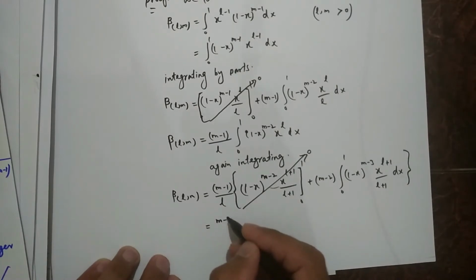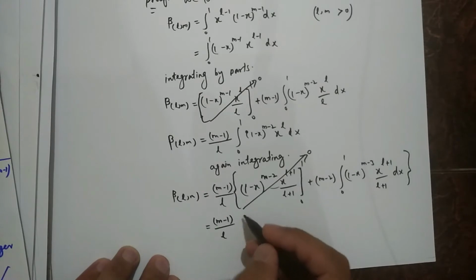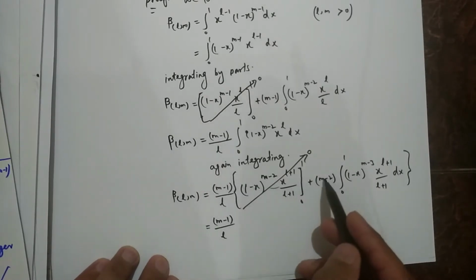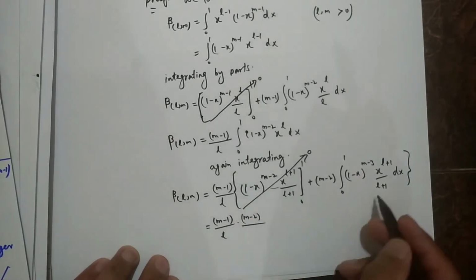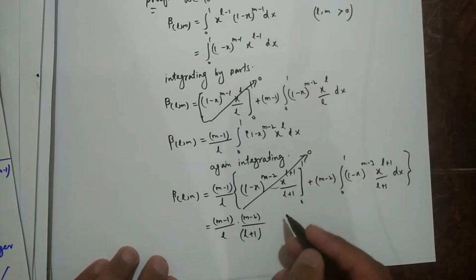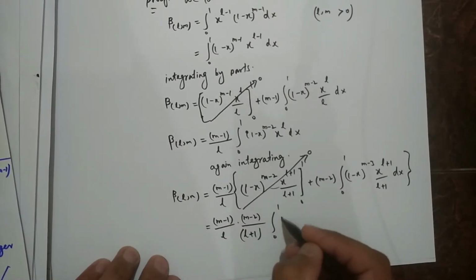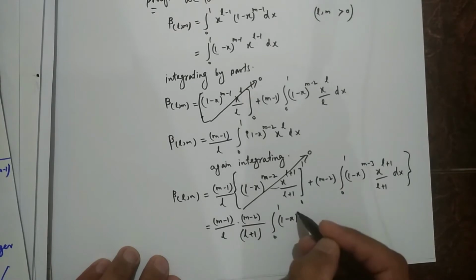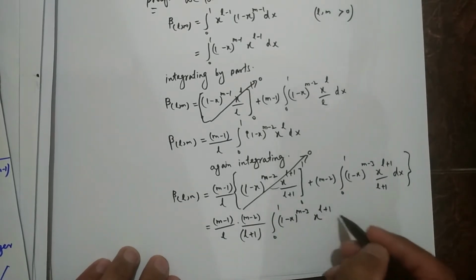Then we are left with m minus 1 upon L, multiplied by m minus 2 divided by L plus 1, bringing this L plus 1 out of the integral, into the integral from 0 to 1 of 1 minus x whole to the power m minus 3 and x to the power L plus 1 dx.